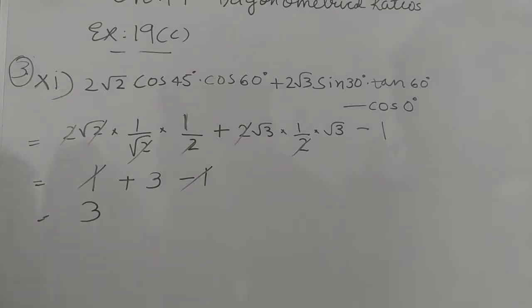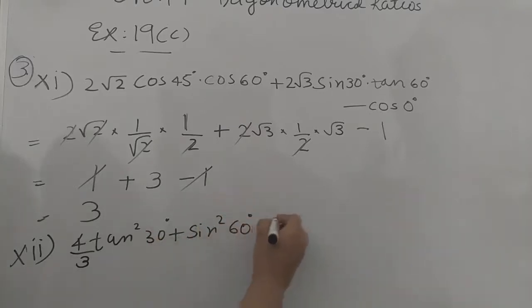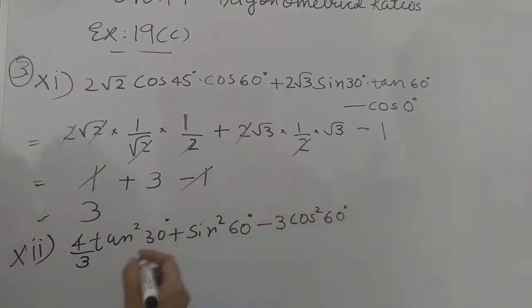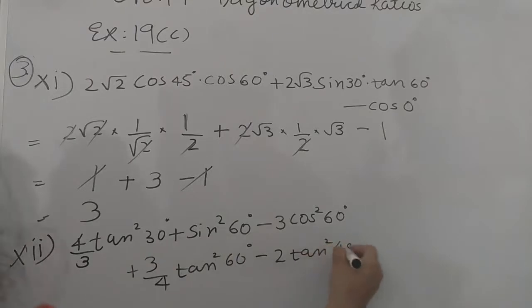Now taking question number 12. Here this is 4 by 3 tan square 30 degree plus sin square 60 degree minus 3 cos square 60 degree, then plus 3 by 4 tan square 60 degree minus 2 tan square 45 degree.